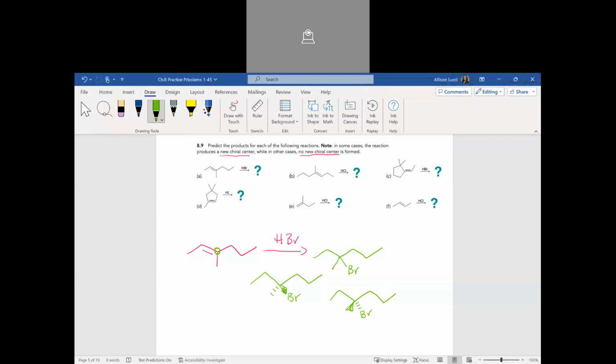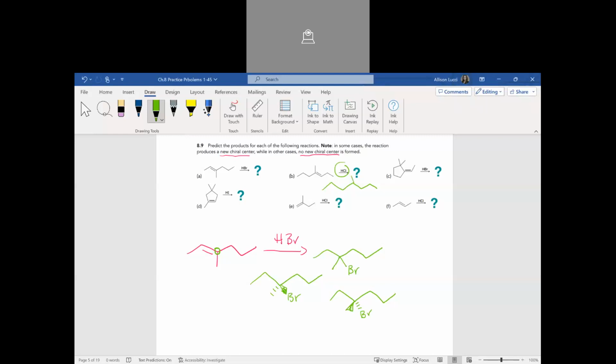So let's take a look at our next case here. We have HCl, and we'll be adding across this double bond. In this case, we're going to end up with 1, 2, 3, 4, 5, 6, 7. Okay, making sure I have the right number of carbons in my carbon chain.